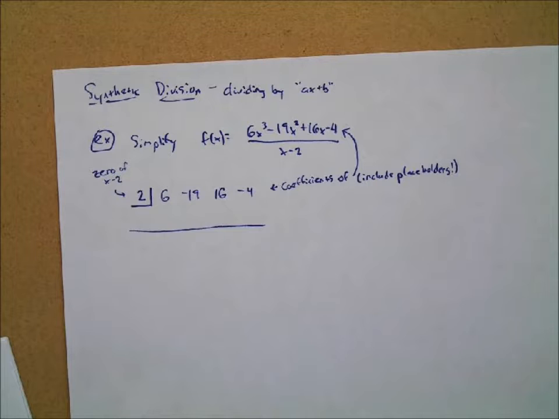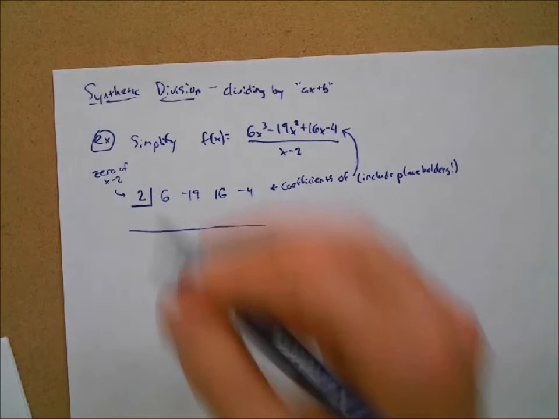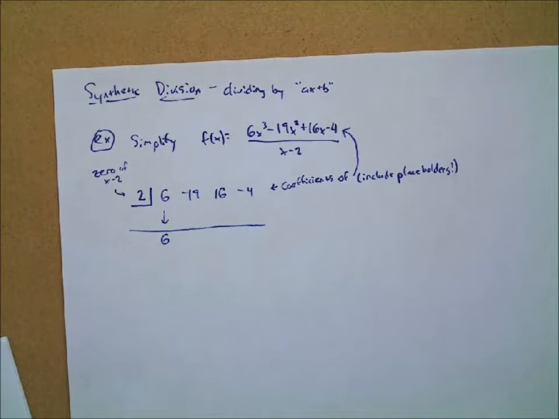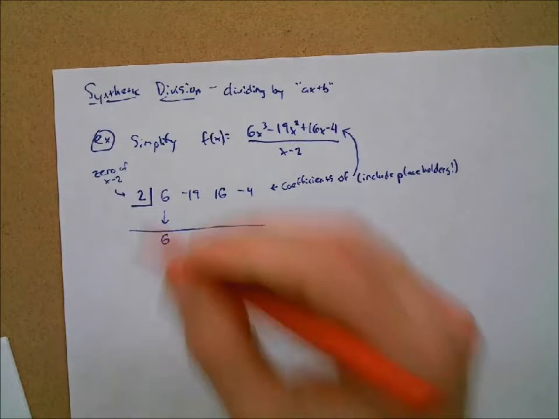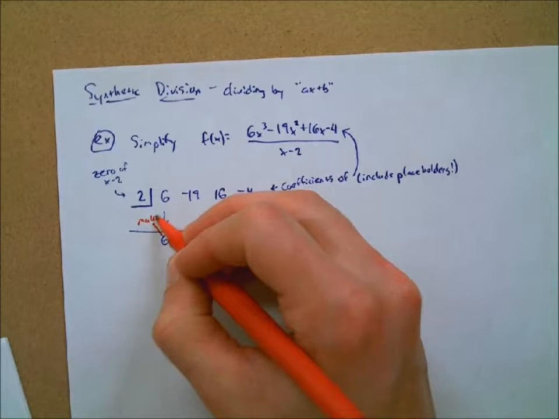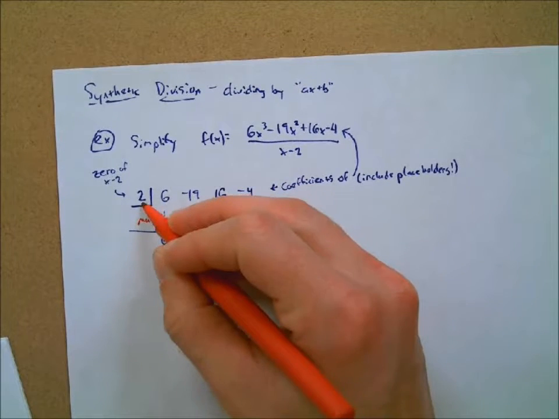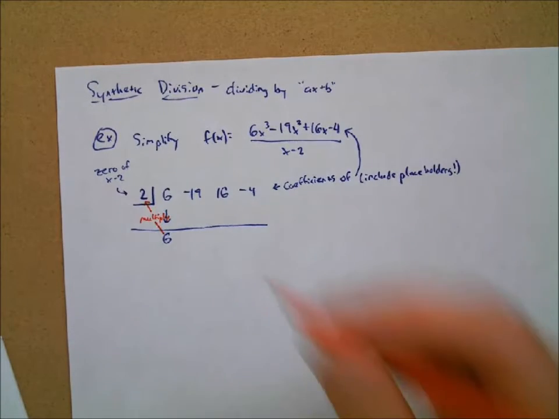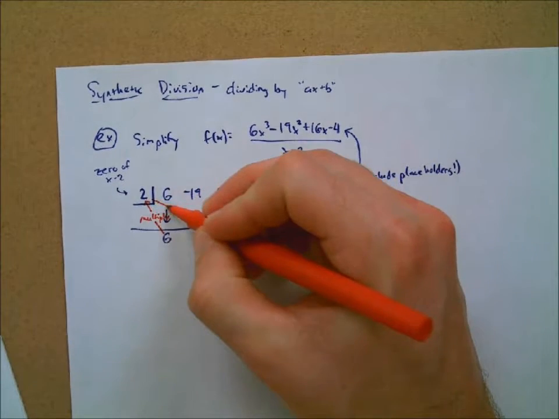All right. And then we start this whole thing off by dropping down the 6 right down here. And then we take that 6 and we multiply with the 2. So 6 times 2 is 12, and then that goes right here.